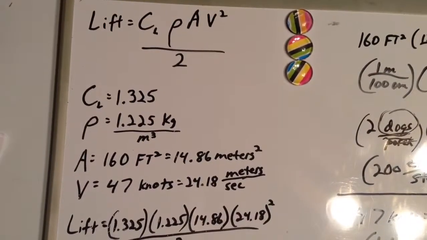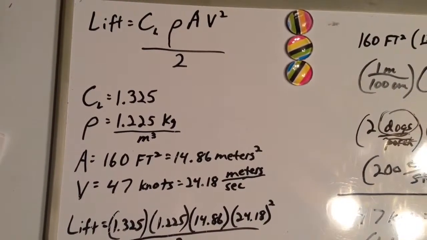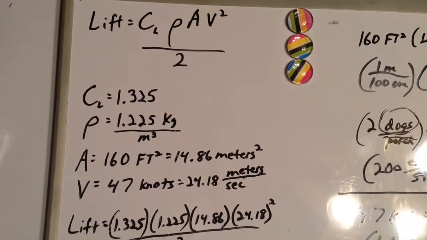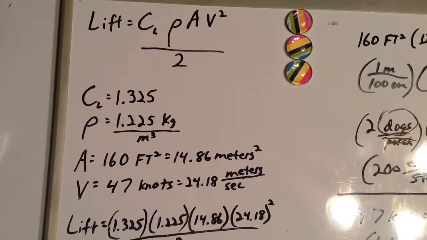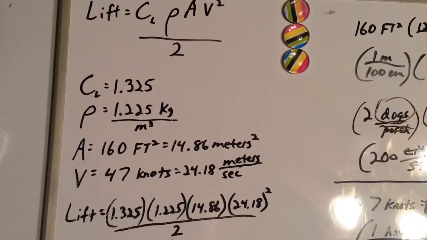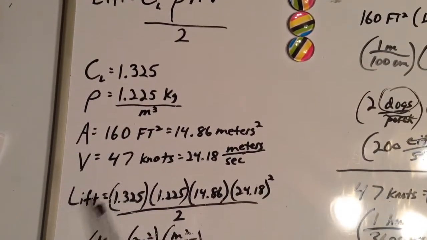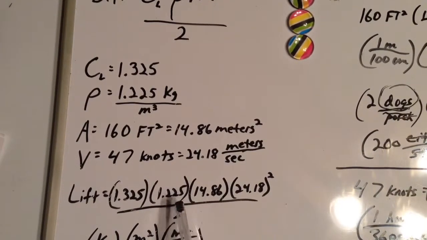Getting back to our lift equation, we just saw how we turn our square feet into square meters and turn our knots into meters per second. So we're ready to go. We've got the units we want. So our lift is going to be our coefficient of lift, 1.325, times our air density, 1.225 kilograms per cubic meter.